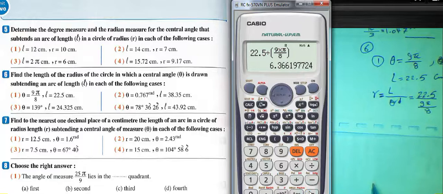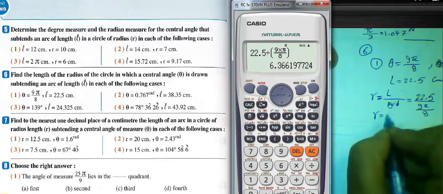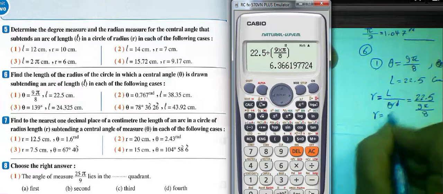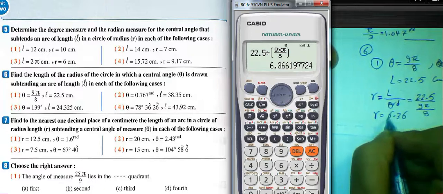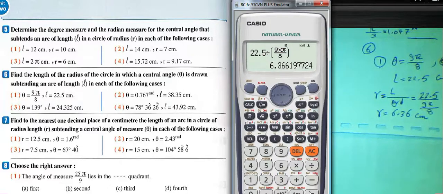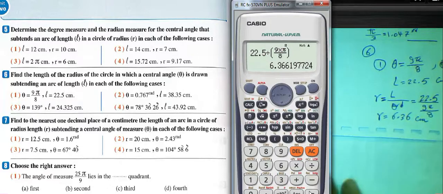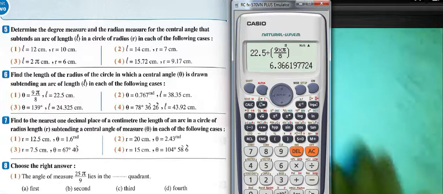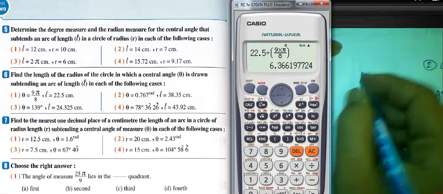Equal 6.37. The radius equals 6.37 centimeter. Okay, it's easy.